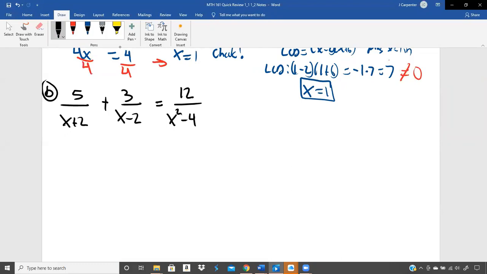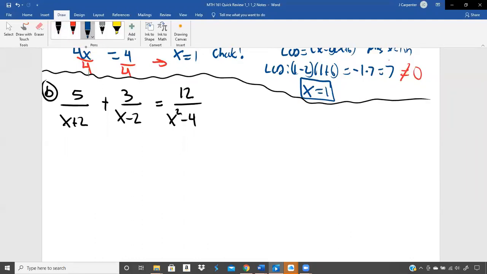First step, factor. X plus 2 you can't factor, x minus 2 you can't factor, x squared minus 4 you can. So this is going to become 5 over x plus 2 plus 3 over x minus 2 equals 12 over, this is what we call a difference of squares, and again I will give a little more quickly of a formal factoring review, if not the next class, the one after.